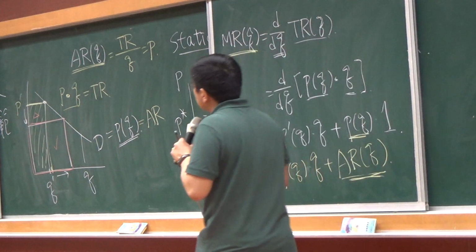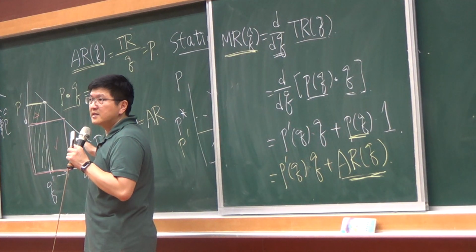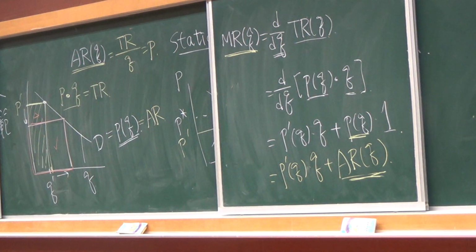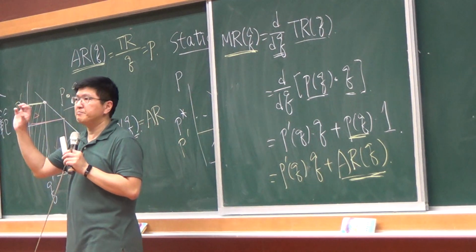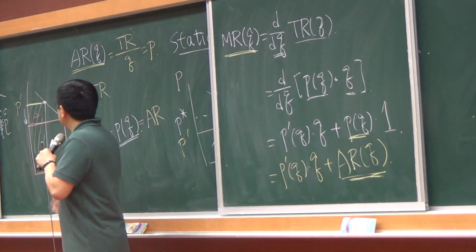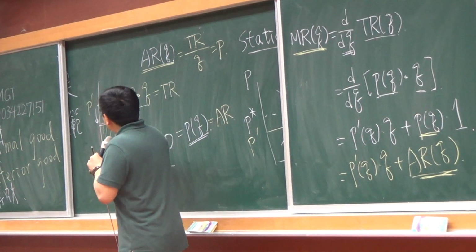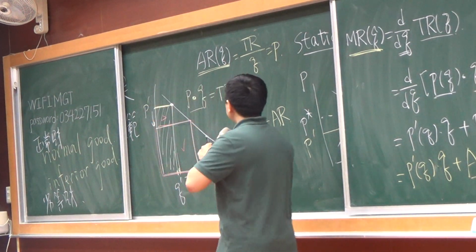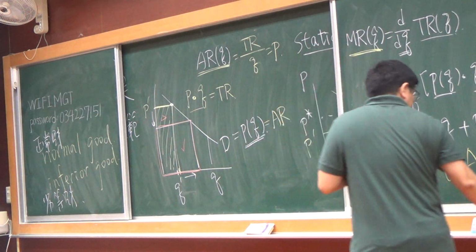And you see the slope of the demand curve is negative. Something we call the law of demand. The law of demand describes the inverse relationship between price and quantity. So it's inversely related: the higher the price, the lower the quantity, or the lower the price, the higher the quantity. Then P prime is a negative one.